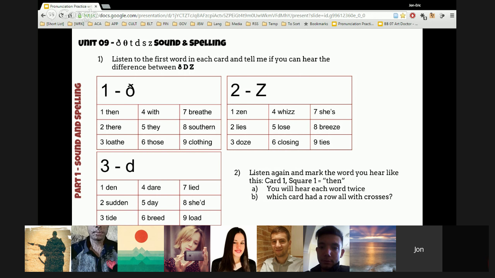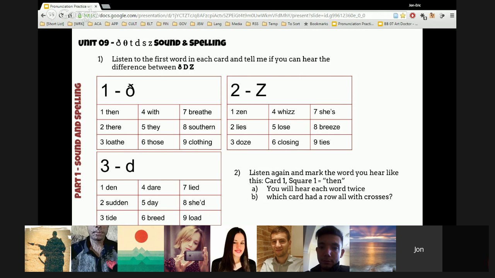Okay, we've got a few extra, not even 10, just a few more, and then I'm going to see if any of you could figure out where the crosses were. At least one of those cards will have crosses all the way across. Okay, last group. First word, den. Second word, sheed. Third word, they. Fourth word, lose.